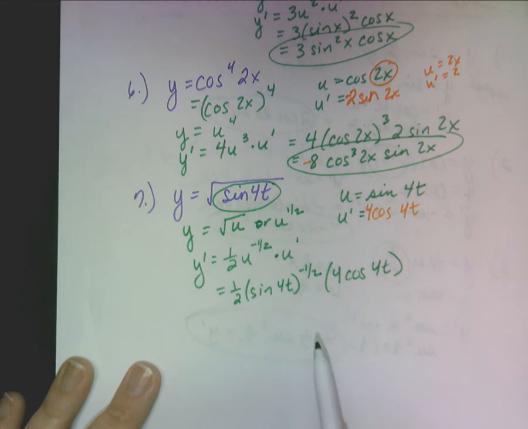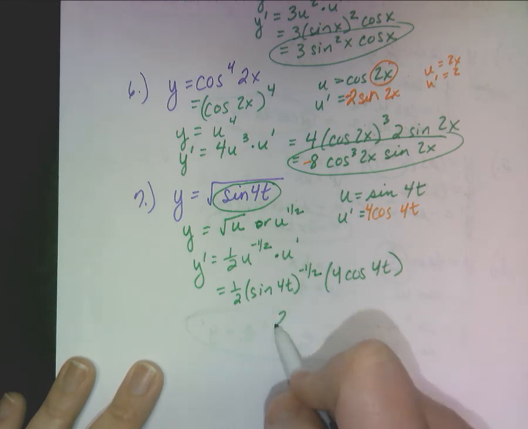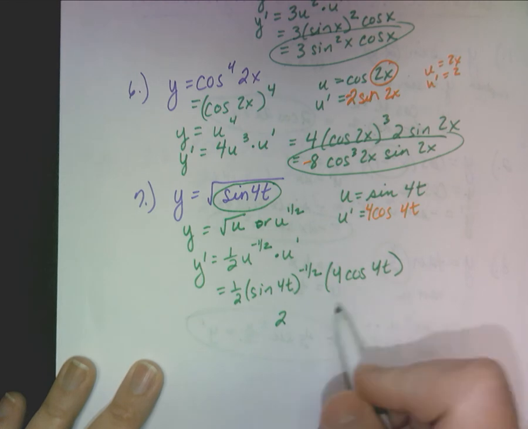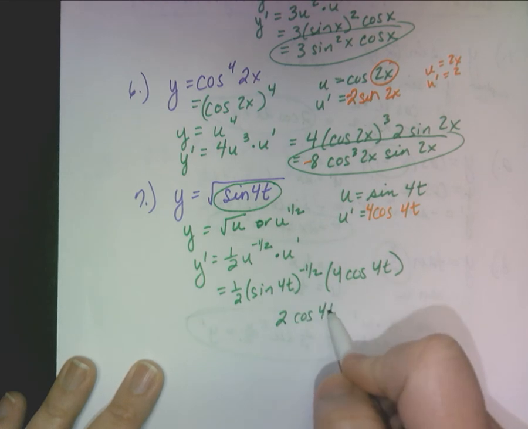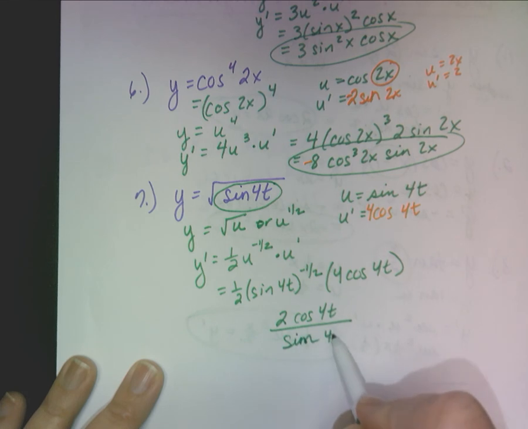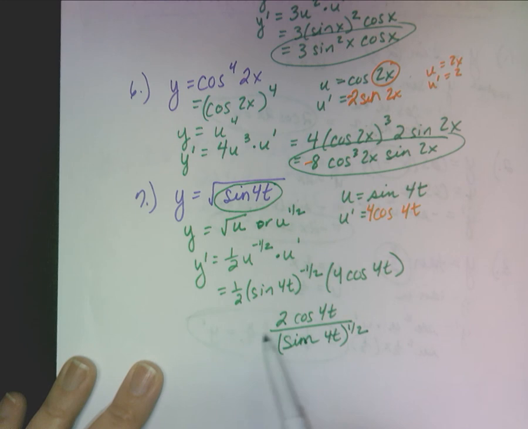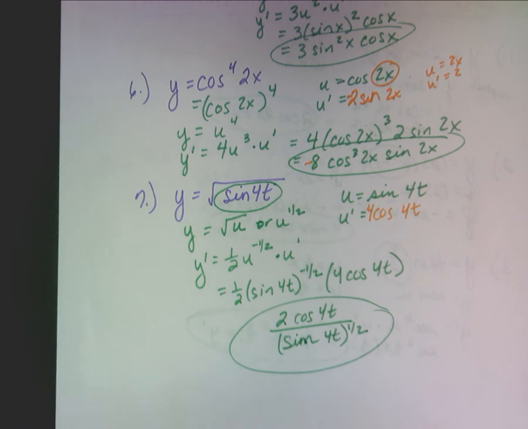Now let's clean this up. The 1/2 and the 4 is 2, so that'll be on top. The cosine 4t is also on top, but this goes to the bottom to become positive. Sine of 4t to the 1/2 power, or you could put square root of it. But that is your answer for that one.